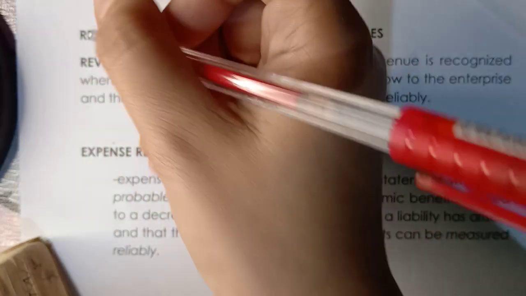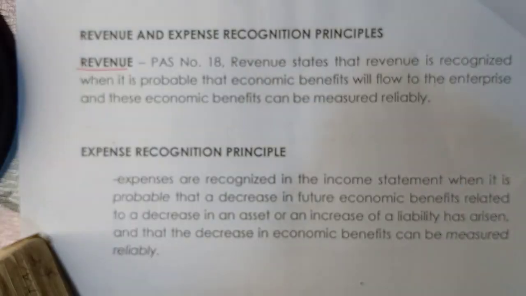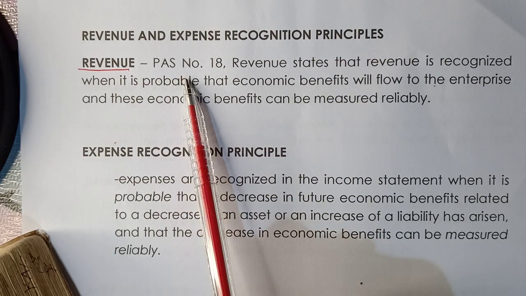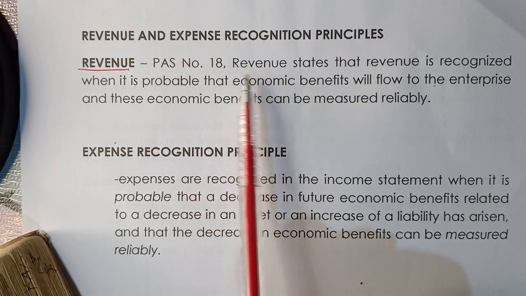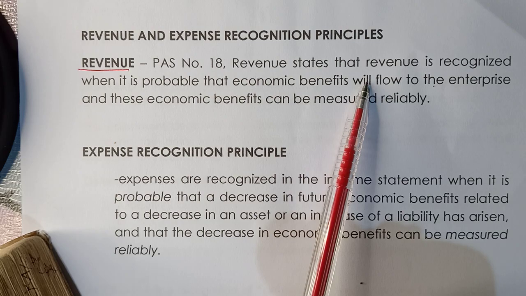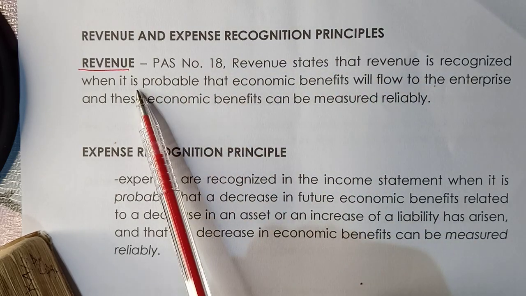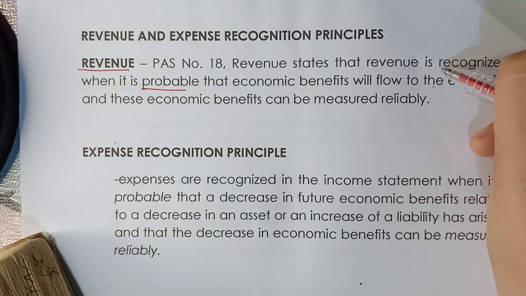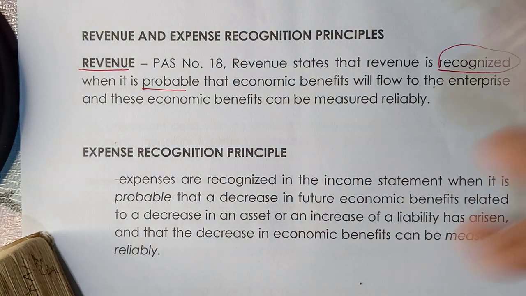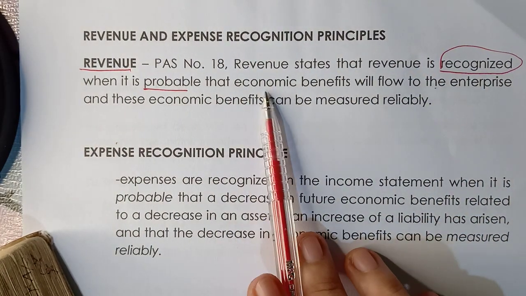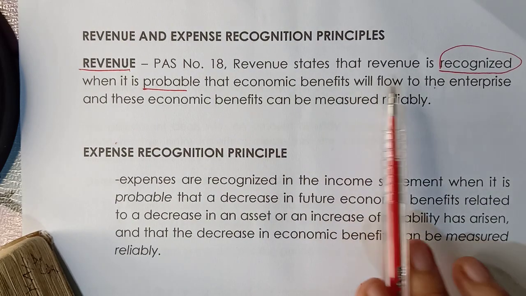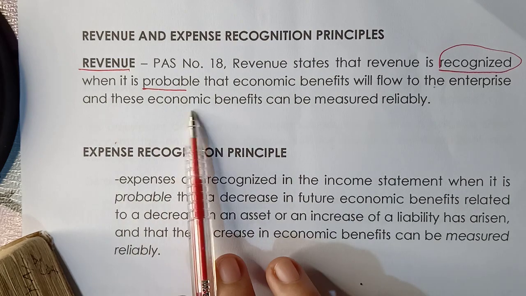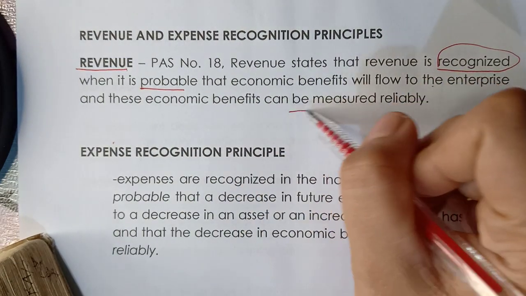So here we have the definition of revenue. According to PAS number 18, revenue is recognized when it is what? Probable. It will be recognized when it is probable that economic benefits will flow to the enterprise, and these economic benefits can be what?